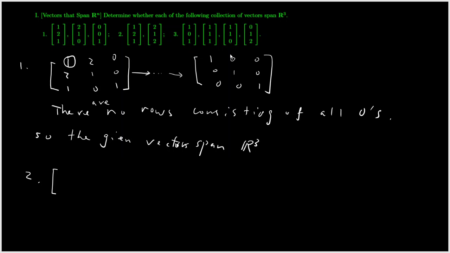Very shortly, I'm going to talk about the geometric meaning. Using the shortcut method, we form a matrix. The first column has the components of the first vector, 1, 2, 1. The second column has the components of 2, 1, 2, right?